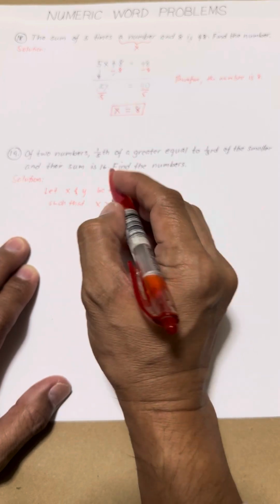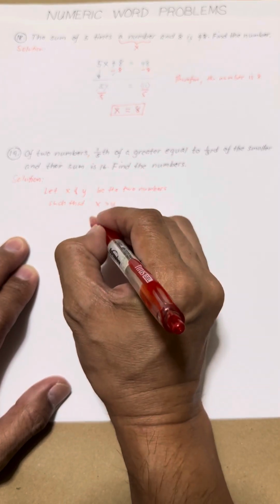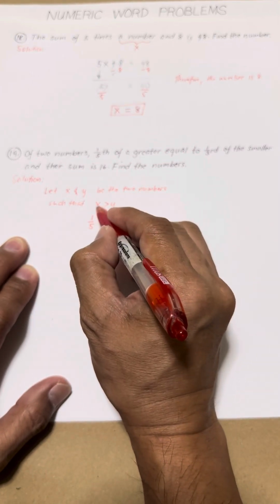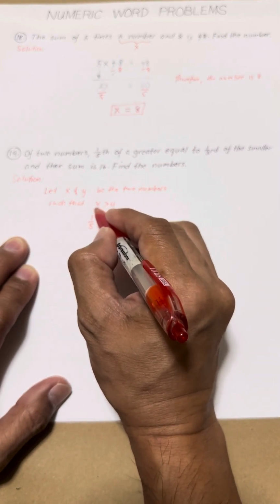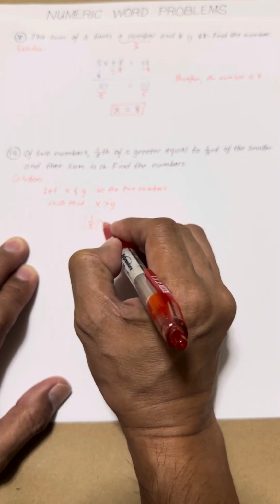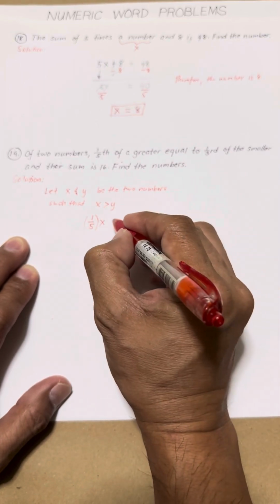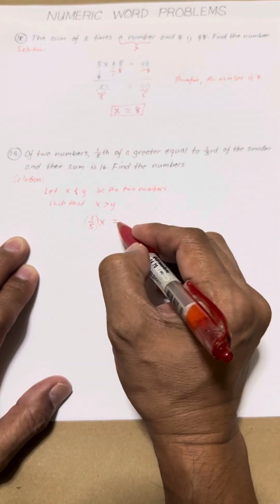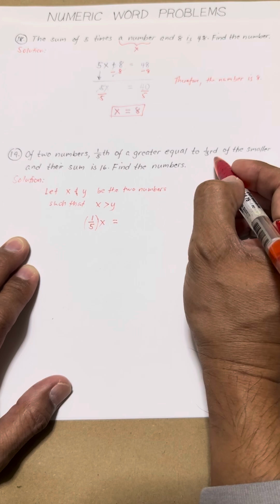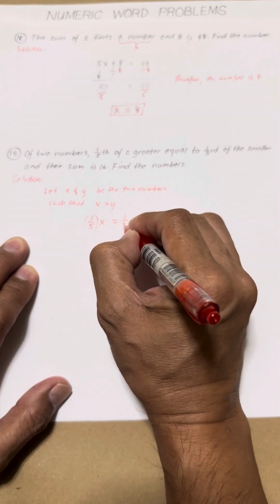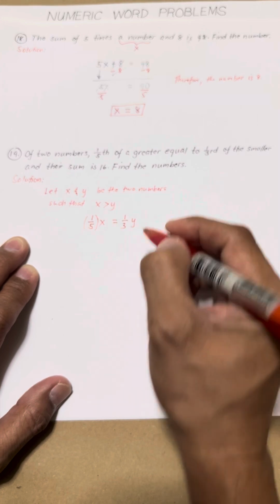So we have 1/5 of the greater. In this relationship, x is greater than y, so 1/5 of x equals 1/3 of the smaller, and the smaller number is y.